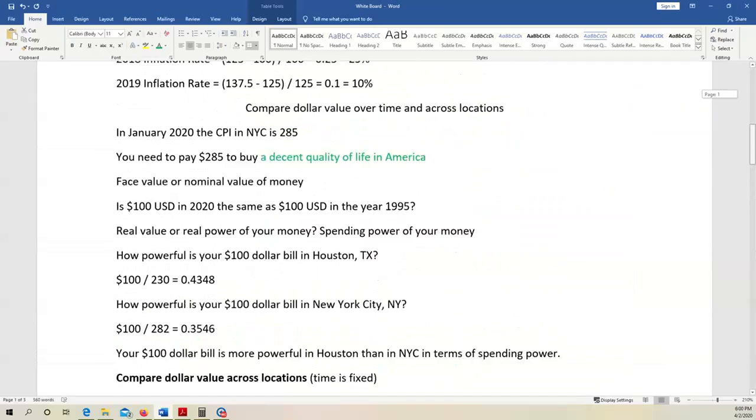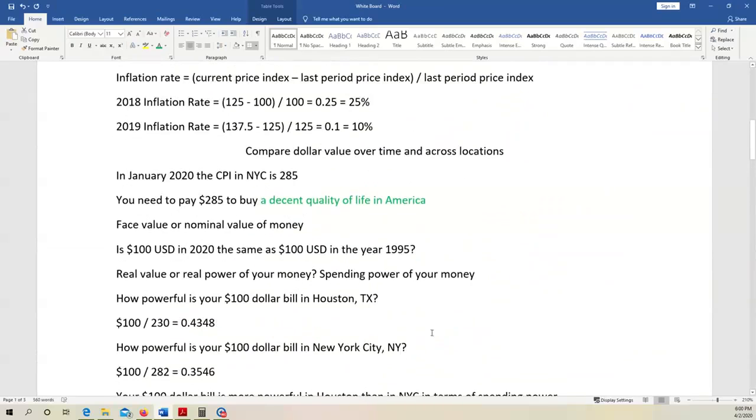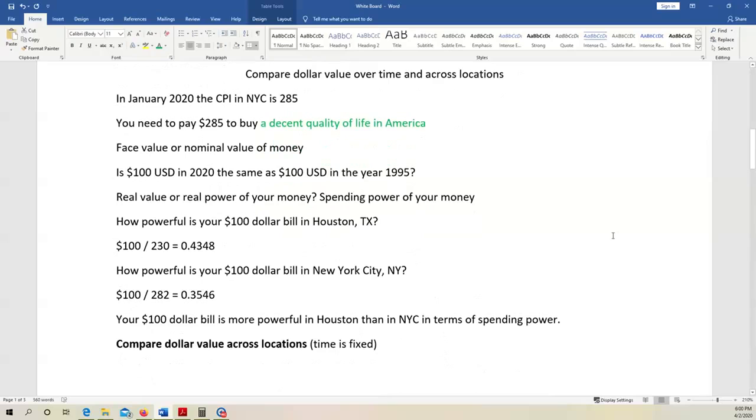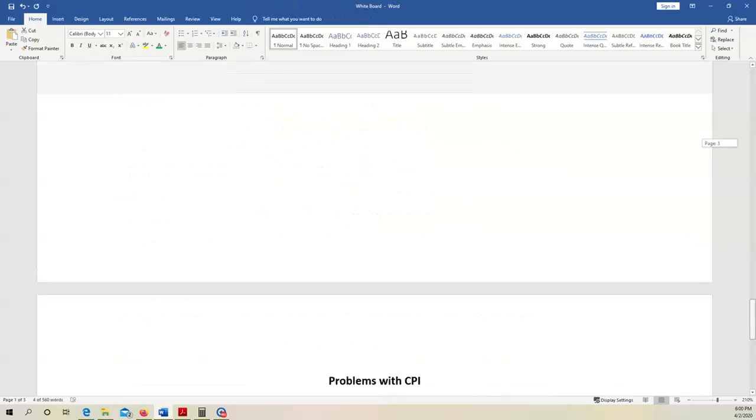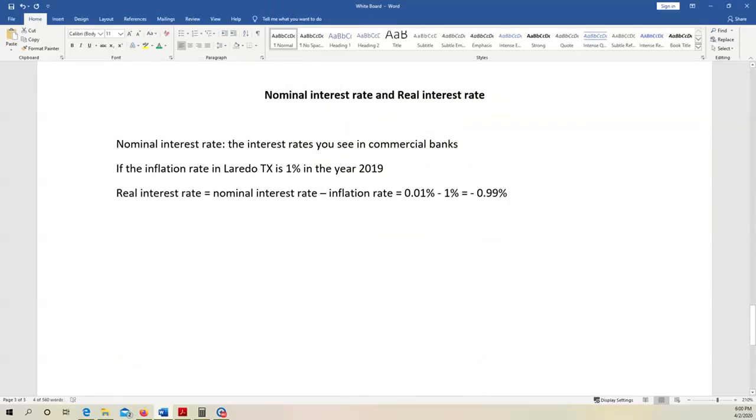The so-called spending power of money. So this number, minus 0.99%, means that assuming this number is true, if you put your money in a savings account in Laredo, in reality you are losing the spending power of money. By how much? By 0.99% per year.